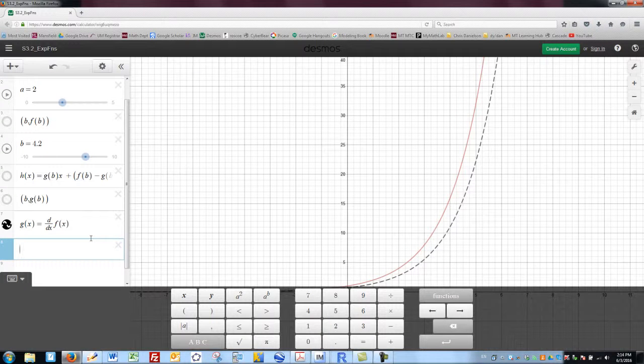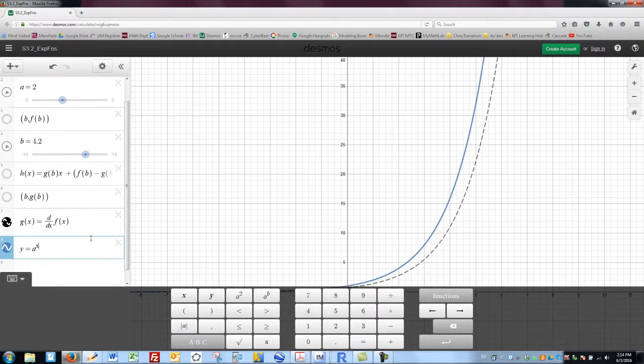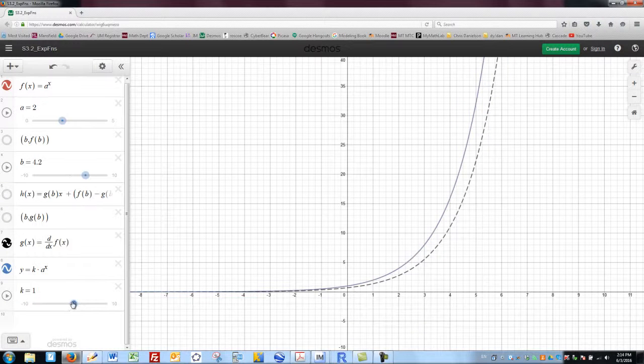And right away, what I think is that it looks a lot like an exponential function. So let's start out with a to the x. But let's put something in front of it that dilates it. So we'll put a k in front of it, and then add a slider for k and see if we can get some intuition from that. And I can see that now I have an exponential function with a dilator, that allows me to try to get a sense of, well, what is that black function?